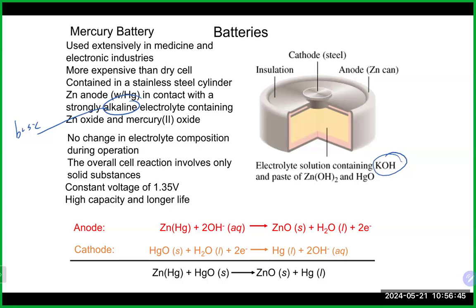A strong base is a strong electrolyte, so that's going to act as the salt bridge and keep everything going. There's no change in electrolyte composition during operation, and that's really important because that's what keeps everything flowing and lasting for a really long time.